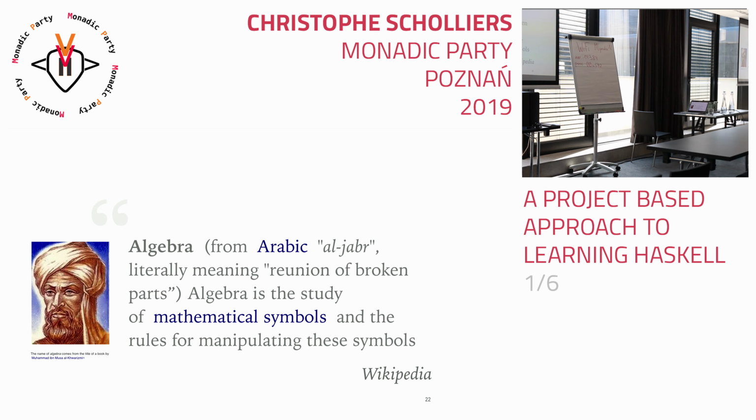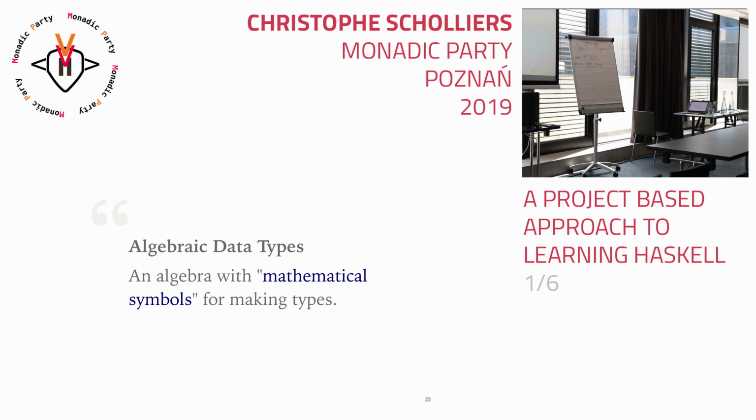So it's going to take elementary pieces and construct bigger things out of them. And so the way that you make new types in Haskell is with something called an algebraic data type. It's an algebra with mathematical symbols for making data types.